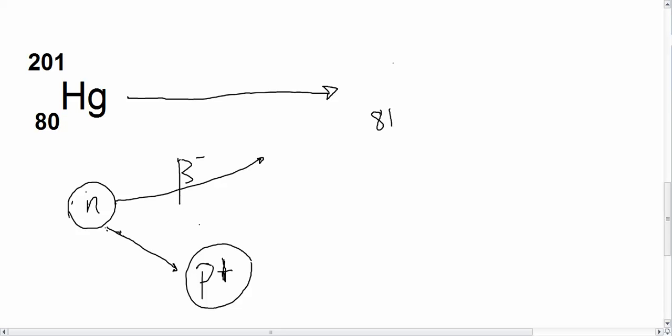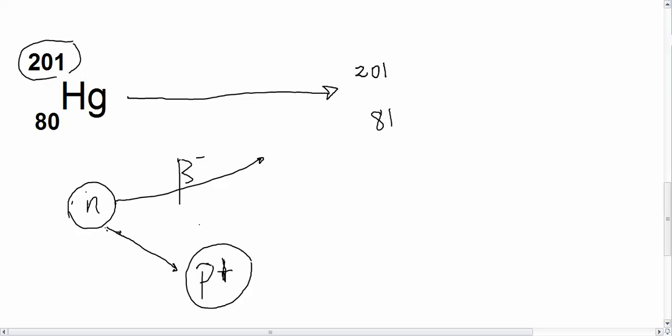Now, in terms of mass, we know that the mass of mercury was 201, which means it had a total of 201 protons and neutrons. That stays exactly the same. And the reason for that is the total number of particles inside the nucleus doesn't change.